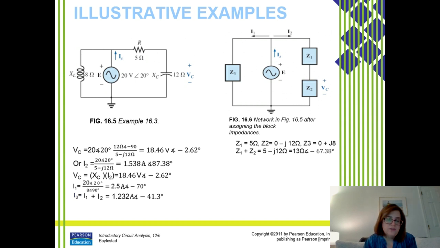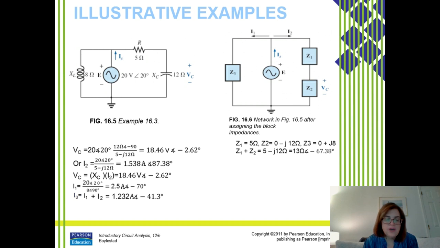Another way we could have solved this is to find I2 first. I2 is the current through Z1 and Z2. We recognize that our source voltage is the voltage drop across both Z1 and Z2 at the same time. So we take our source voltage, 20 at 20 degrees, and divide by the impedance of the branch, which is 5 minus 12J.